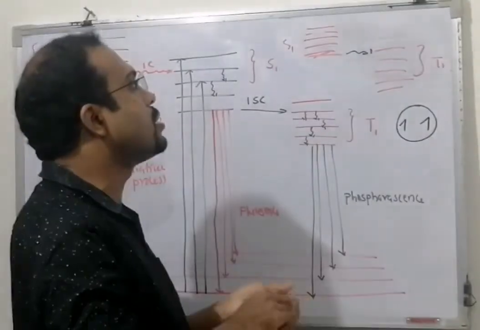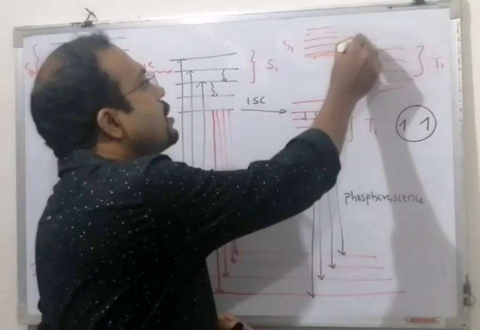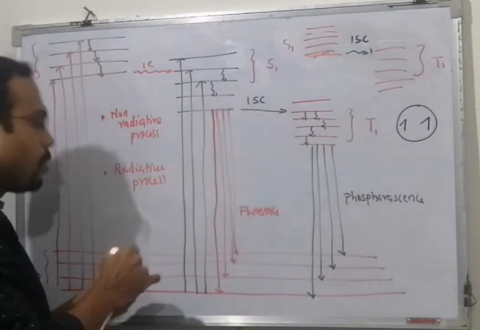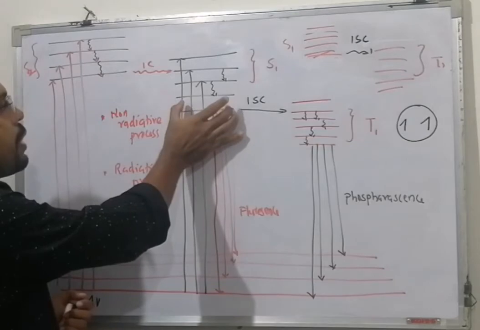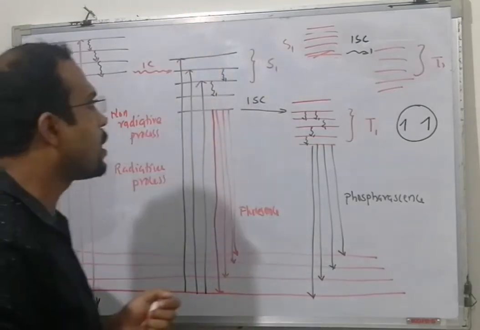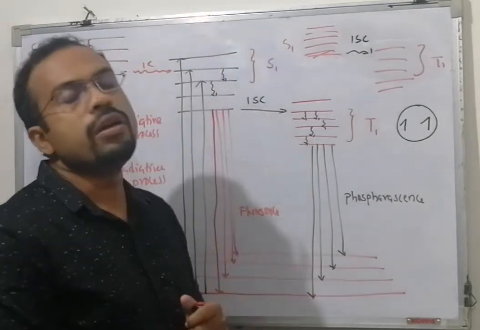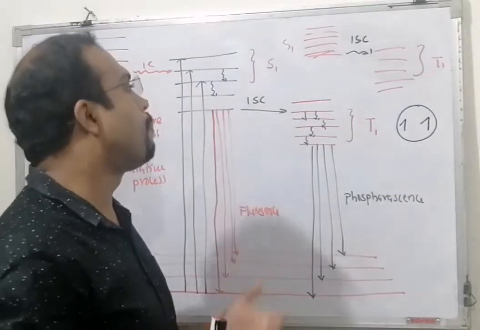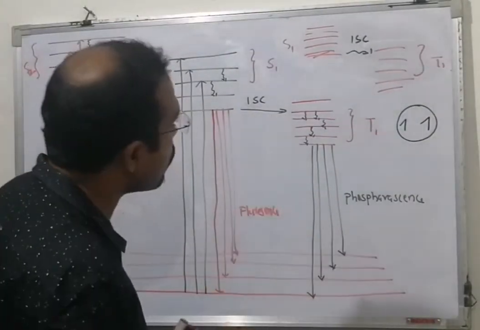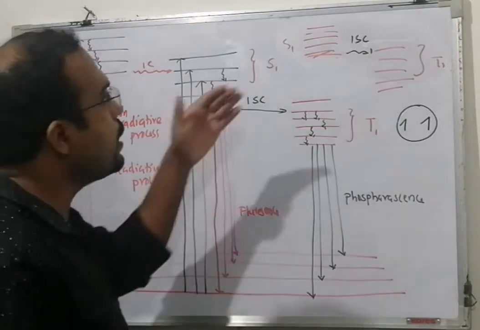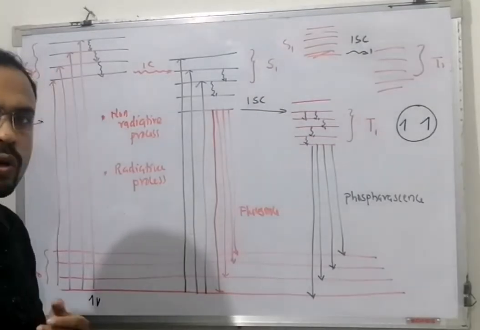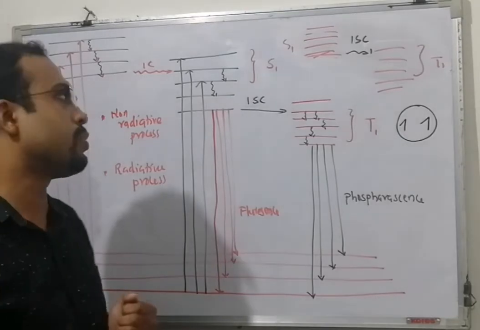That is called inter-system crossing. Because of this also heat is generated, therefore inter-system crossing is also a non-radiative process.